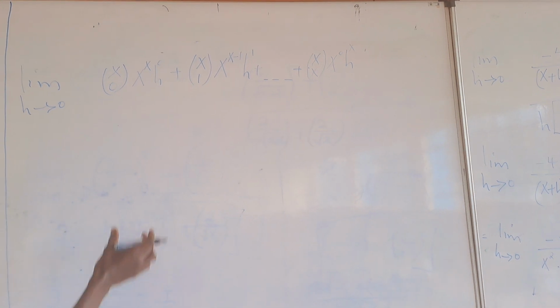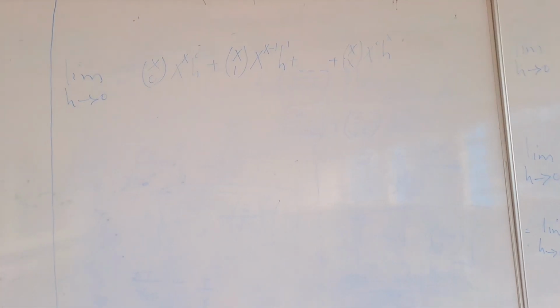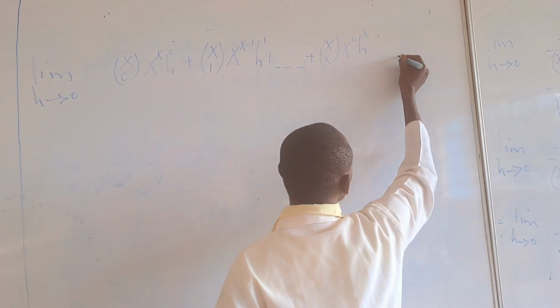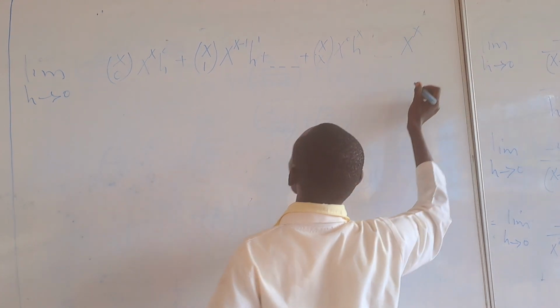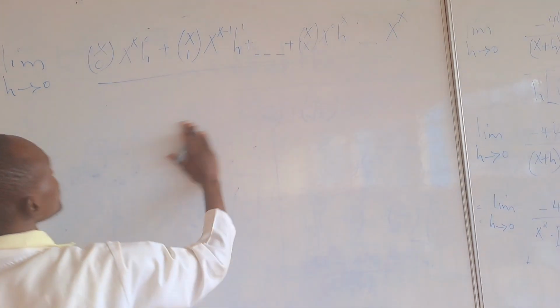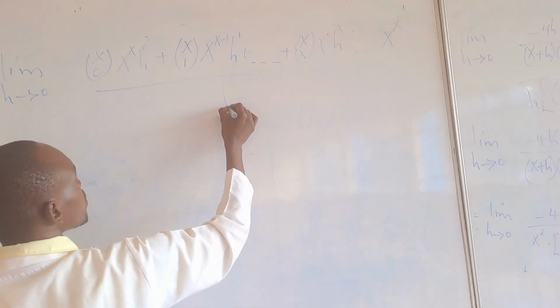So we have just expanded this binomial. Then you subtract our function itself, minus x raised to power x, everything divided by h.